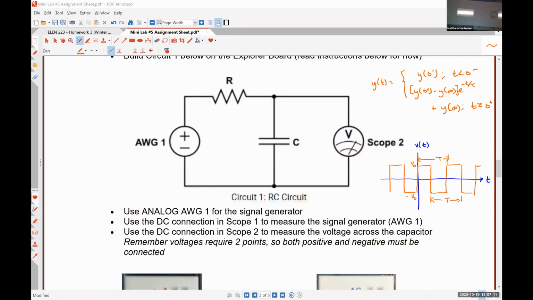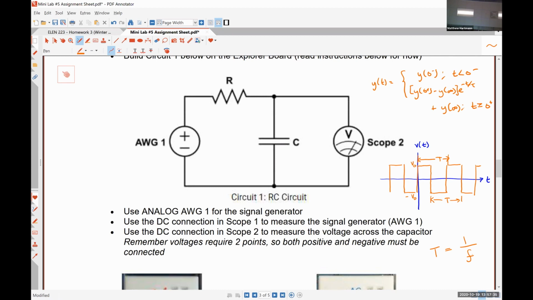So capital T, period, is 1 over f, our linear frequency. So if f is 1 kilohertz or 1,000 cycles per second, what is the time of 1 period for our square wave? Do the math, figure it out. Simple.